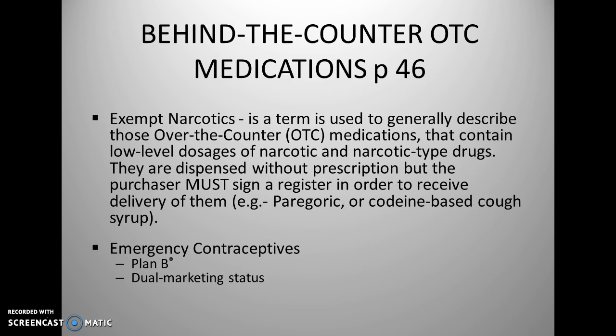An example of that is Paregoric, which is a codeine-based cough syrup. And we already talked about the emergency contraceptive Plan B, which has dual marketing status: if you're 17 or older, you can ask a pharmacist and get it; under 17, it must be by prescription.